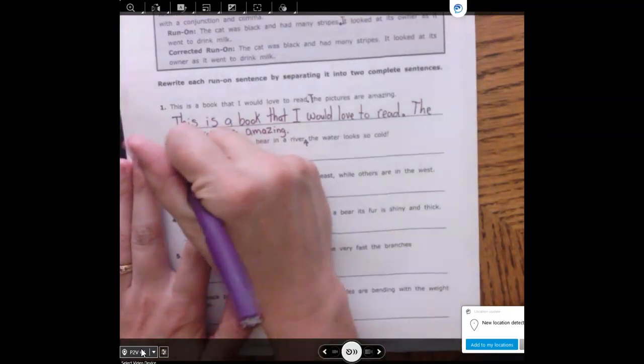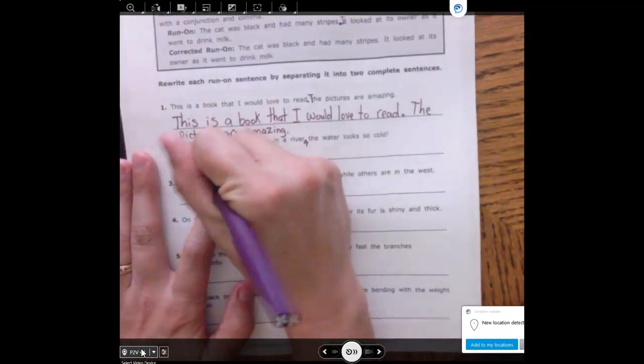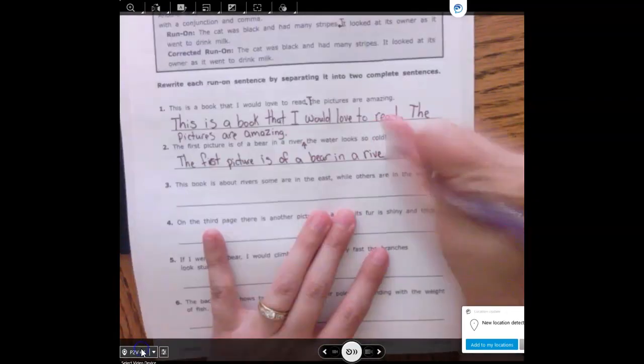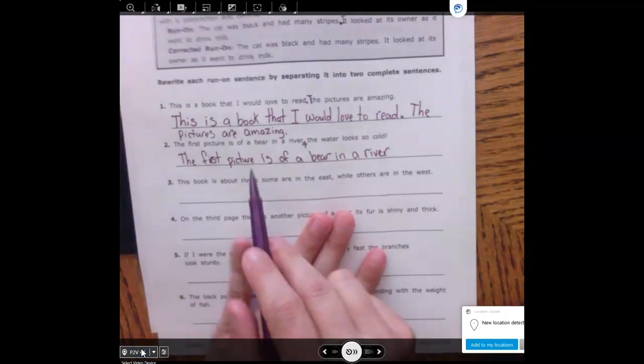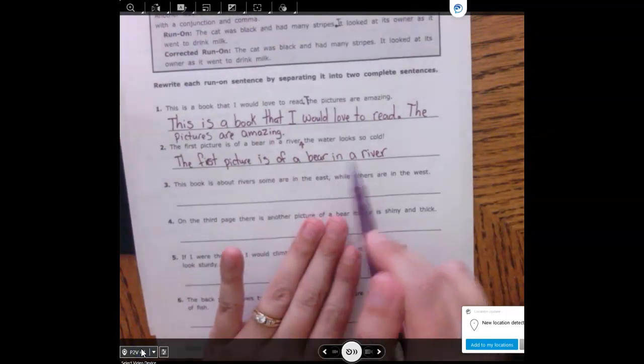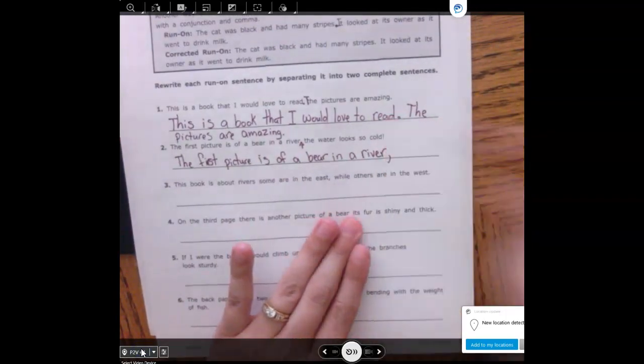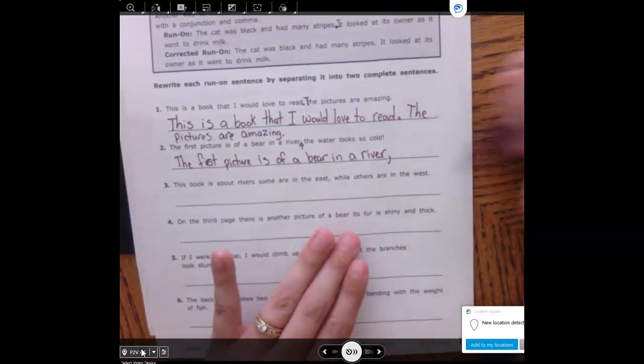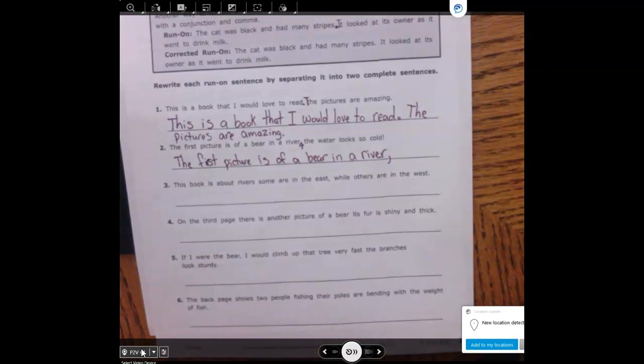So the first picture, oops. Okay, so the first picture is of a bear in a river, comma, now I need to add a word. I can't just write the water looks so cold because that's not a conjunction. So should I say, but the water looks so cold, and the water looks so cold because the water looks so cold?